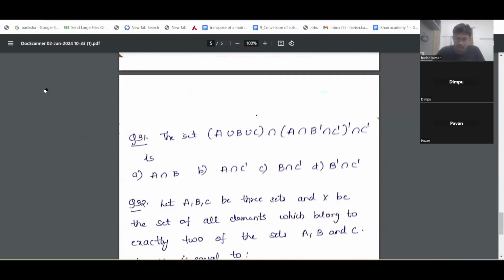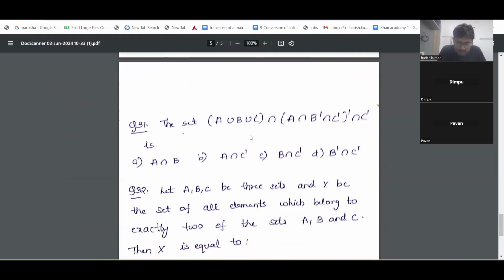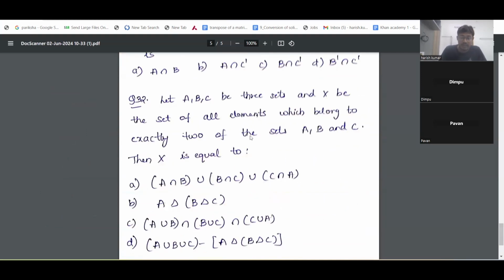Let's see the last question as well. Let A, B, C be three sets and X be the set of all elements which belong to exactly two of the sets. What is he saying? Exactly two of the sets. Not one set, not three sets.